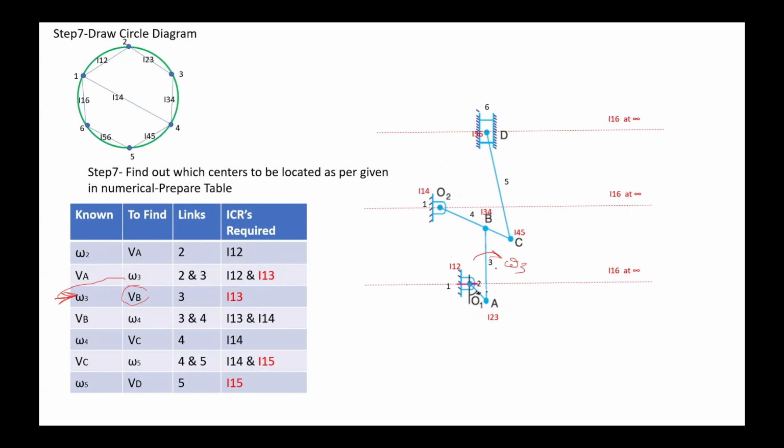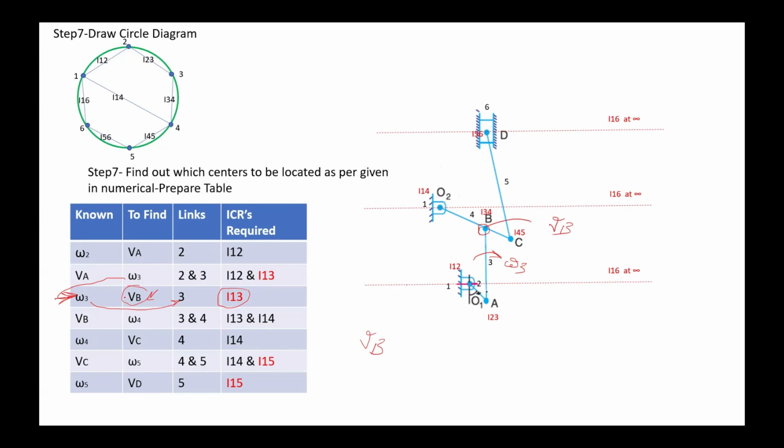So I have to find out the velocity of B. Omega 3 is related with which link? Link 3. So the ICR related with link 3 is I13, that I have written in the last column. Now after calculating this, I will get the velocity of point B. The velocity of point B will be known to you now.